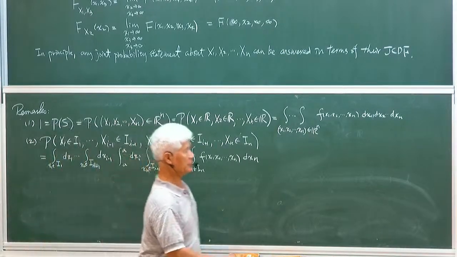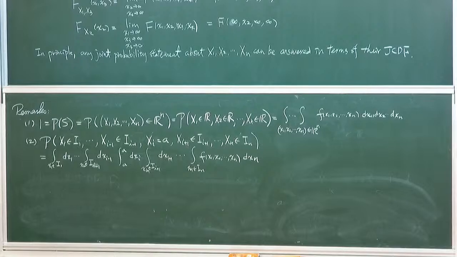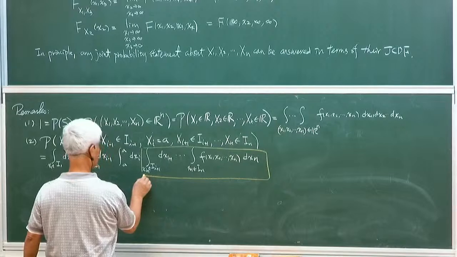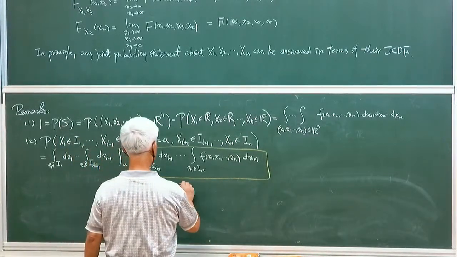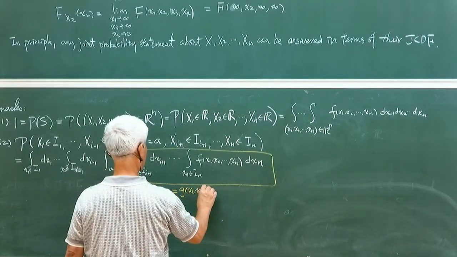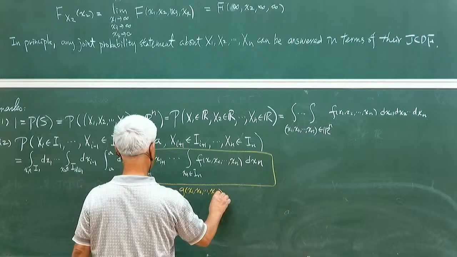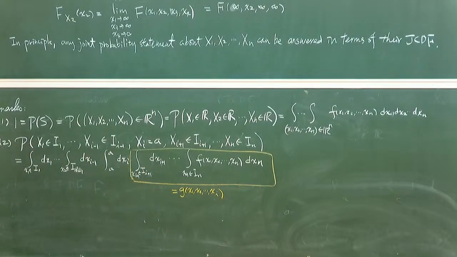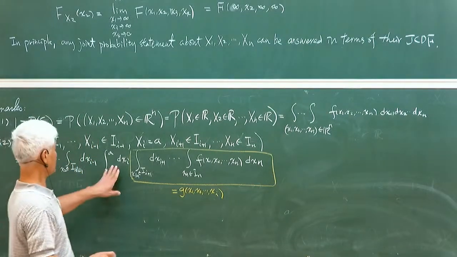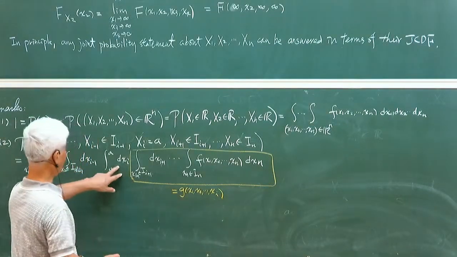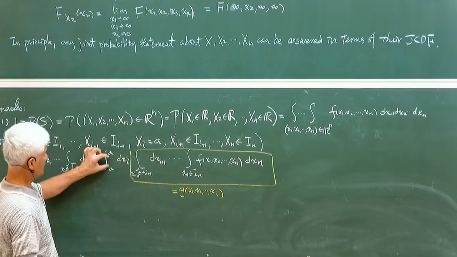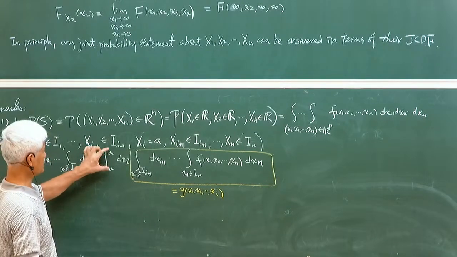Now, we look at this iterative integration. So this is equal to a g function of x1 and so on. But when we integrate this function over xi, relative to xi, with the interval from a to a, this is just a point.